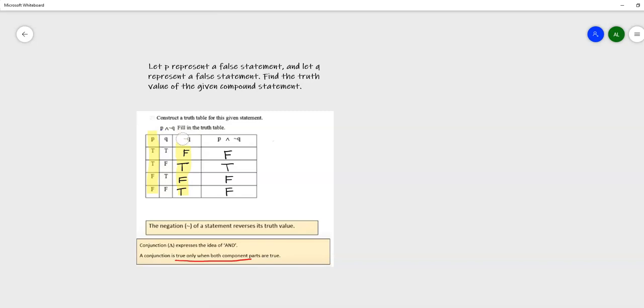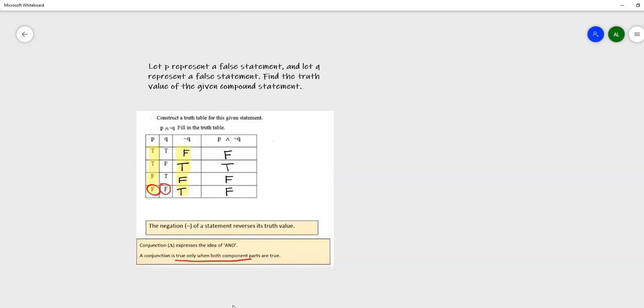But now we want to take a look at the actual question that was asked. P represents a false statement and let Q represent a false statement. So where P is false and Q is false is here, right? P represents a false statement, Q represents a false statement.